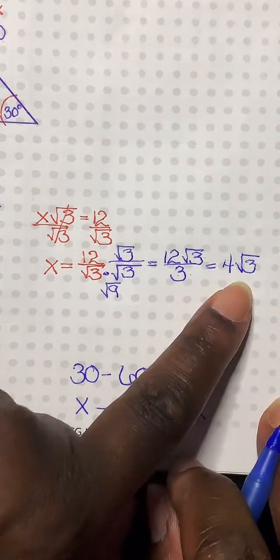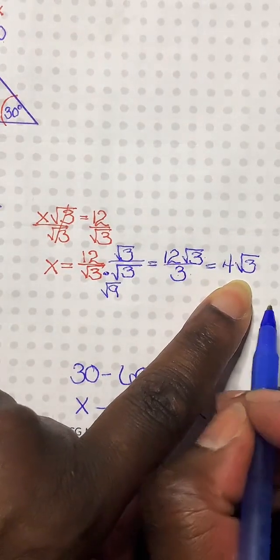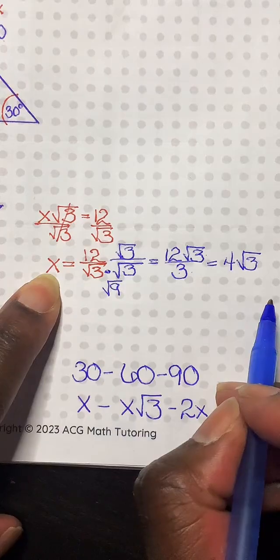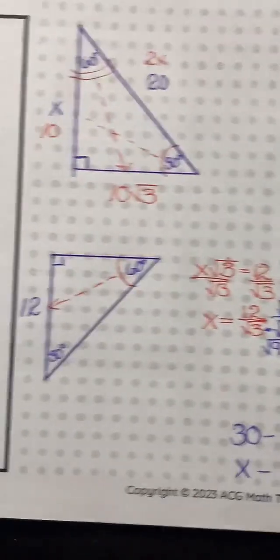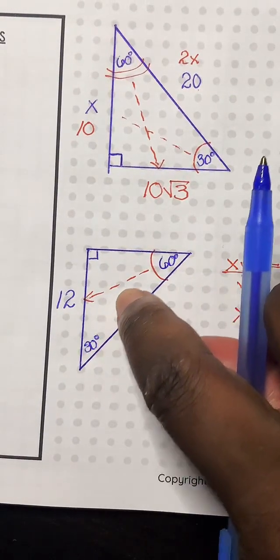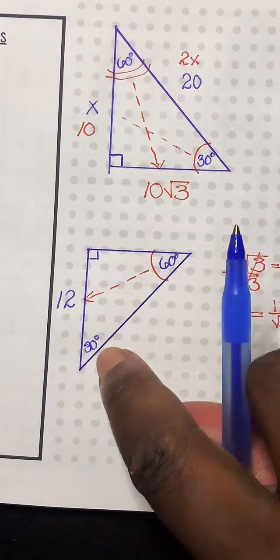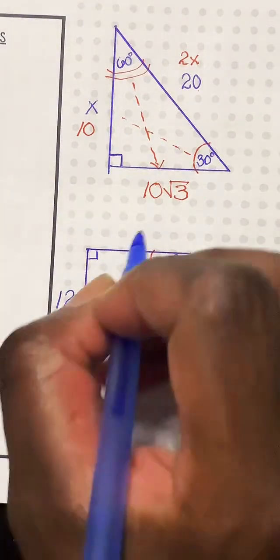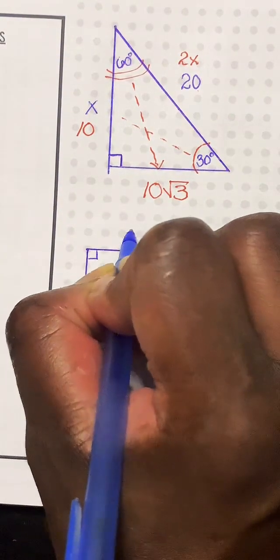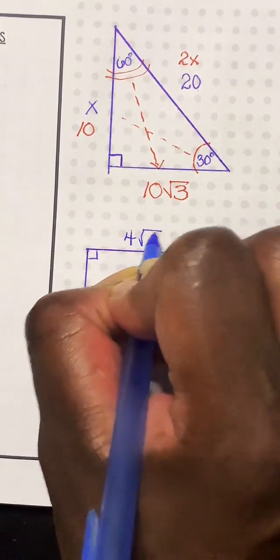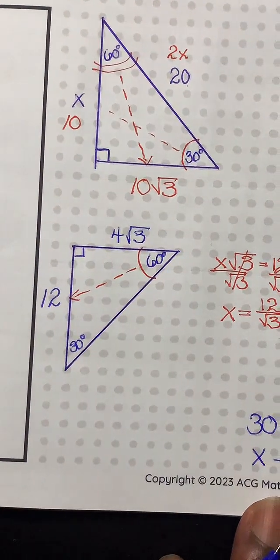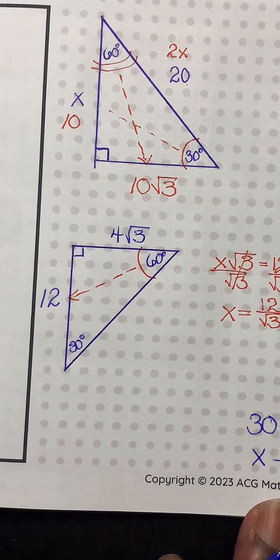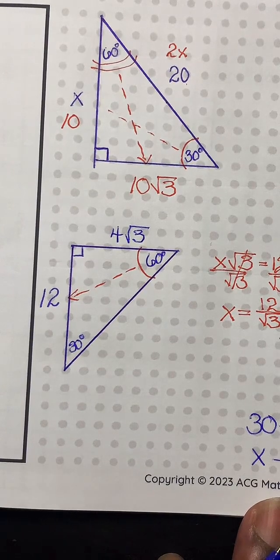So what we found is x, the side that is directly across from our smallest angle, which is the 30. So we found that this side is going to be 4 square root of 3. Yes, good job.